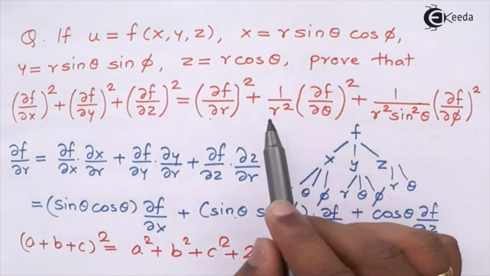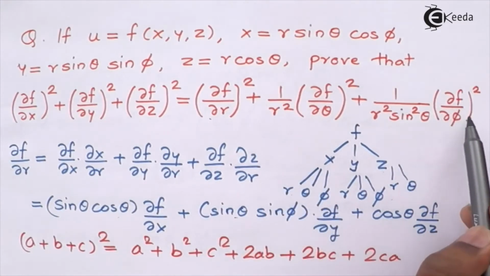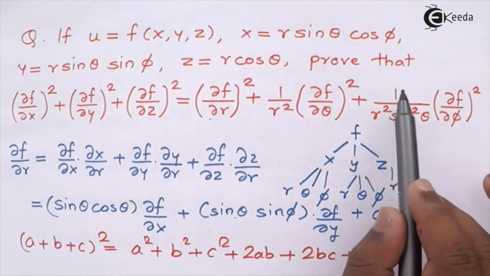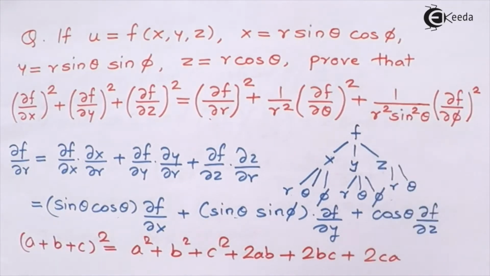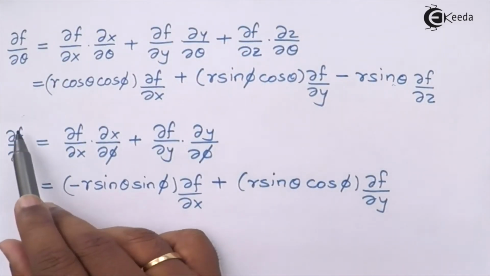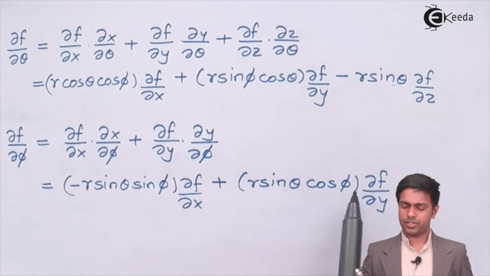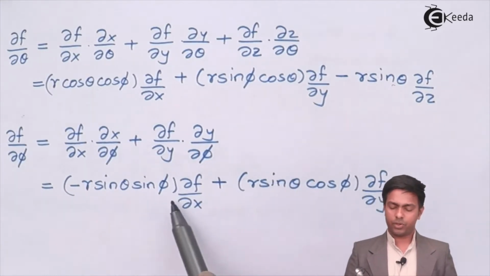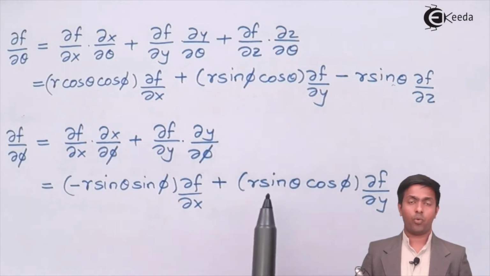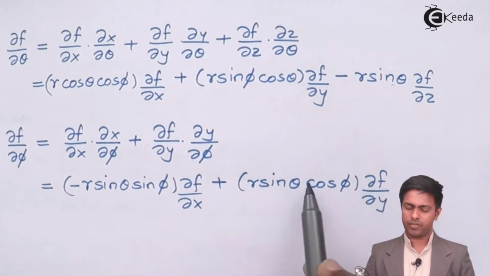Now let's find out the value of the third term, that is the square of del f by del y, and we'll multiply its answer with 1 upon r square sin square theta. So guys, here we have the value of del f by del phi. Now in its value we have two terms. If there are two terms, we will use the formula of a minus b. Now why a minus b? Because this term is positive and this term is negative.